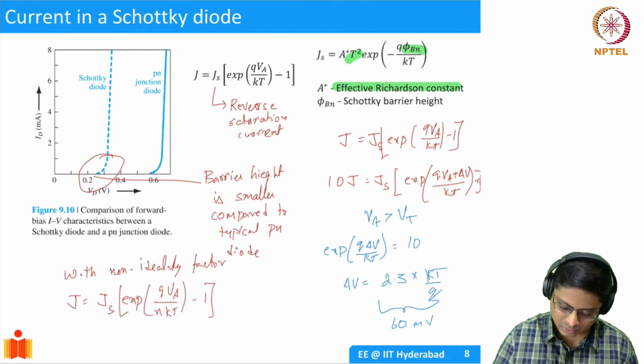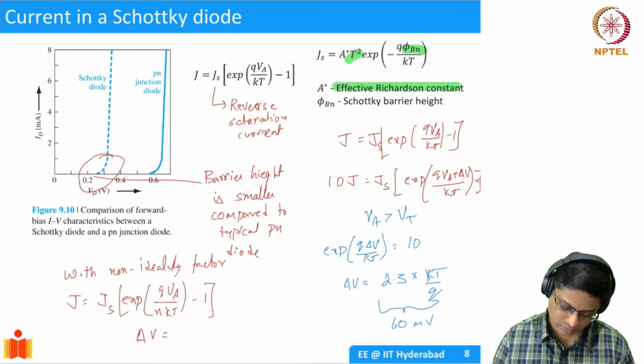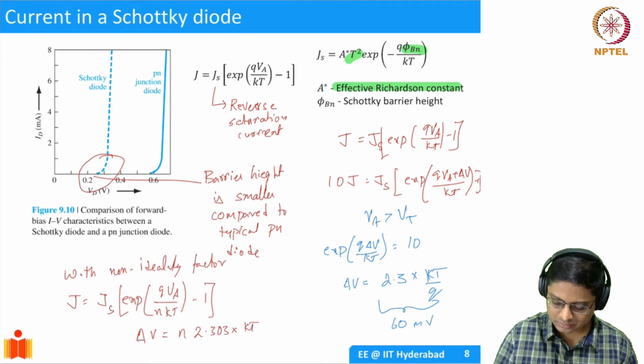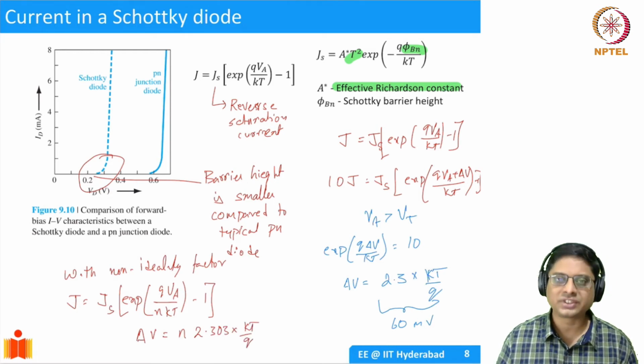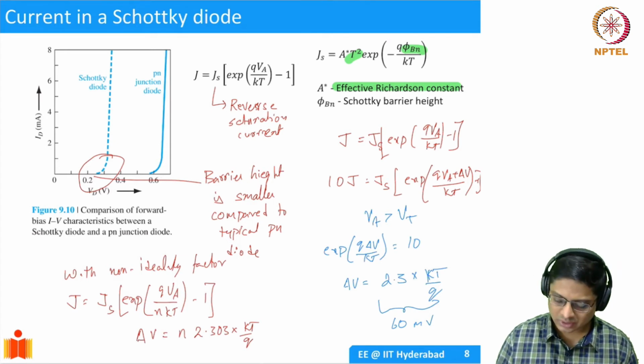So your delta V is going to become n times 2.303 times kT by q, with n in the denominator of the exponent. So this number can be different for different situations. Typically, it's in the range of 1 to 2, or 1 to 1.5 or so.